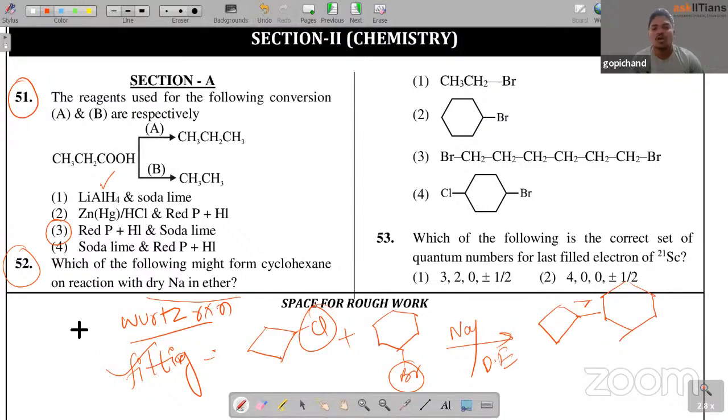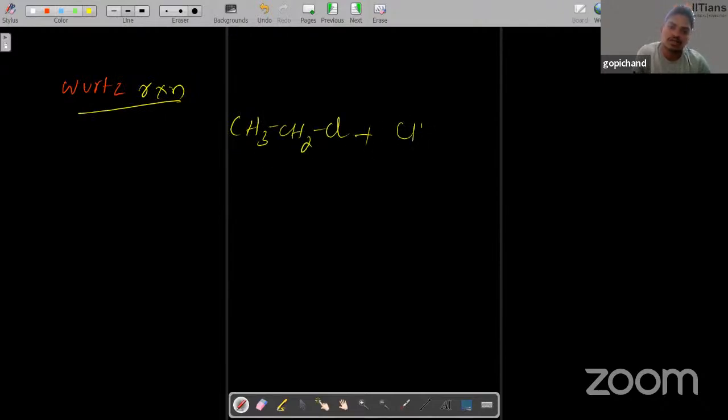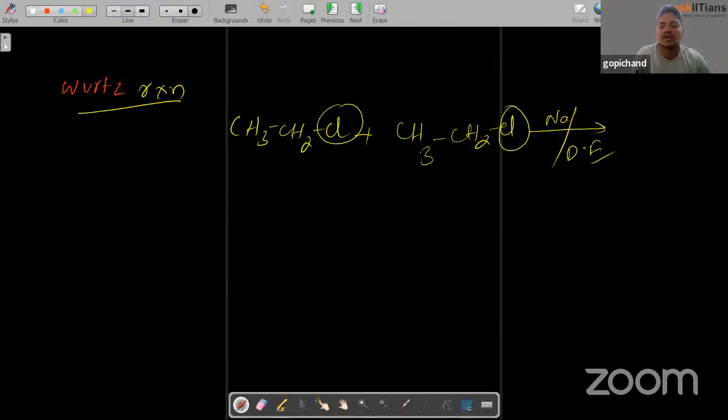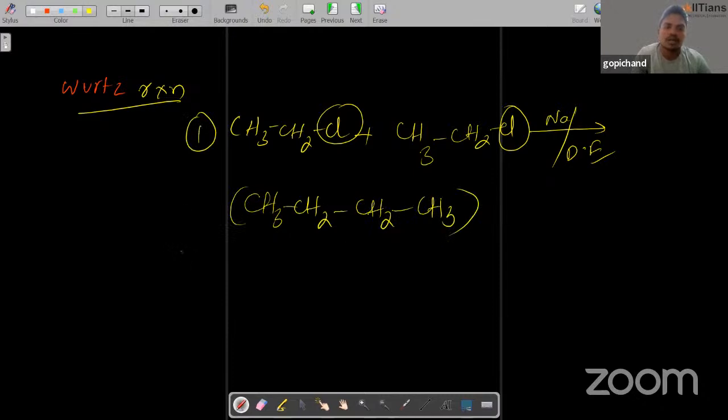And what is the Wurtz reaction? So I'll tell you here. If you are having an alkyl halide, CH3CH2Cl, and you are using sodium in the presence of dry ether, again the same story, you just remove the halides here and attach both of them, CH3CH2CH2CH3.